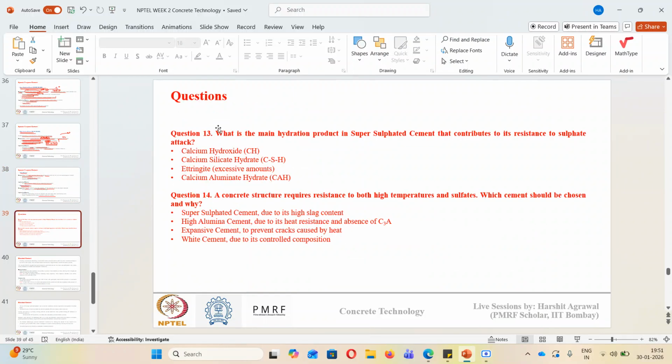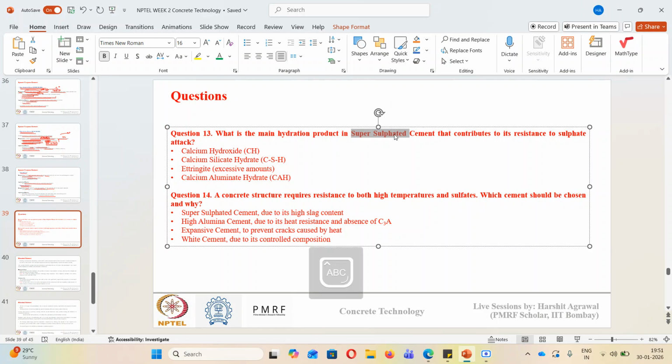Try to answer this question. Question number 13. What is the main hydration product in supersulfated cement that contributes to resistance to sulfate attack? This is not supersulfated. This is high alumina cement.